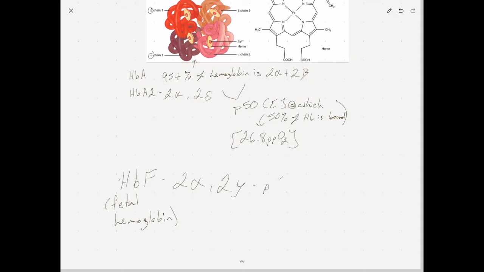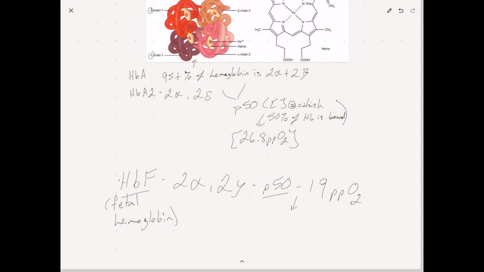The P50 of fetal hemoglobin is about 19 partial pressure of oxygen, meaning that at a lower concentration of oxygen, fetal hemoglobin is 50% saturated with oxygen.